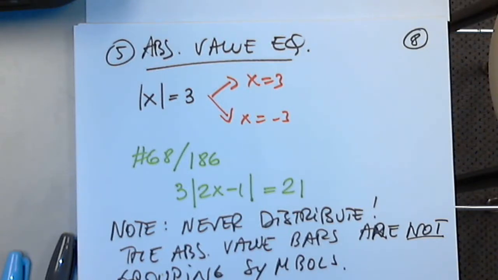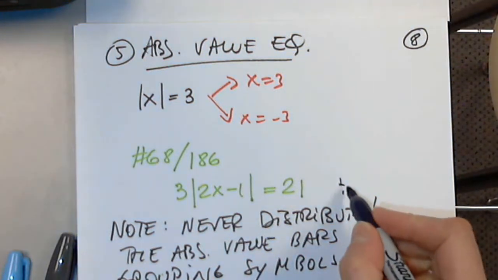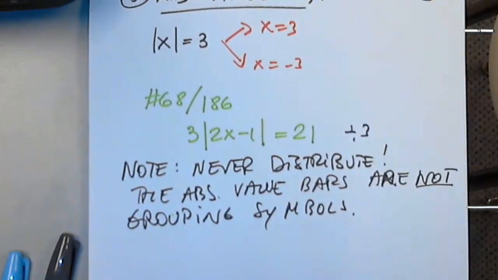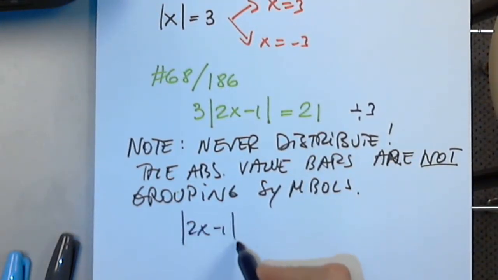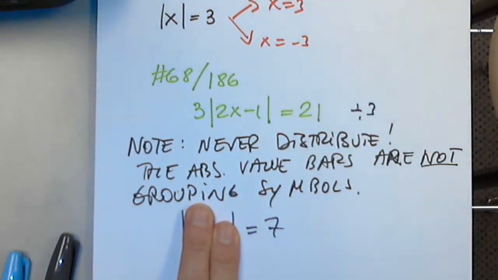What do I do then? I can still clean it up, and I have to clean it up. I will divide both sides by 3. So the left-hand side is 2x minus 1 in absolute value. The right-hand side is 7. I am back to the simplest possible situation. I'm trying to find numbers whose distance from 0 is exactly 7.